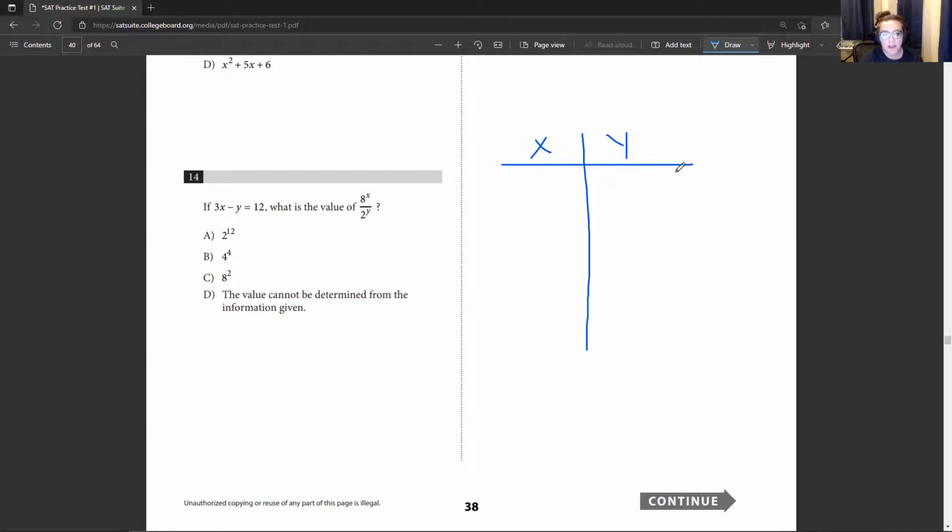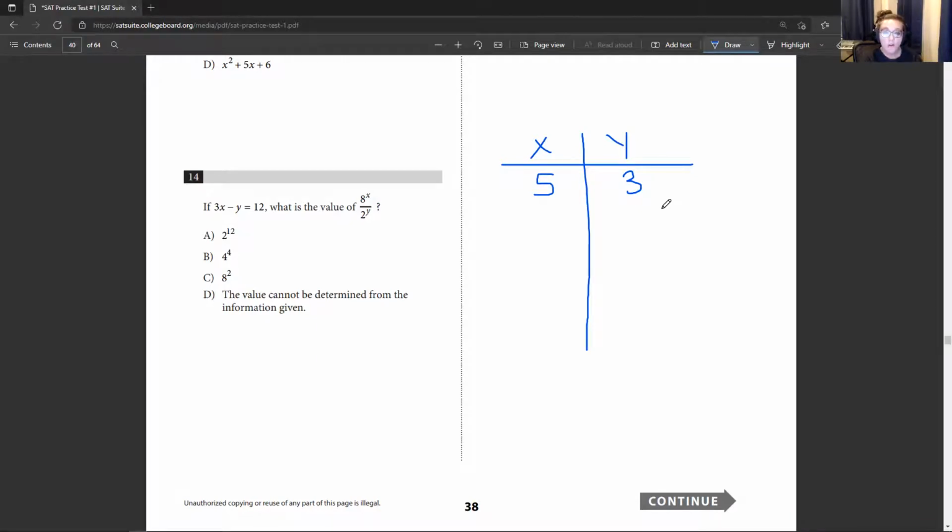For example, if I said X was 5, you're just going to do the algebra, right? 3 times 5 is 15 minus what would equal 12, right? So that's going to be 3, okay? And we could get all these different things. They would make a line if we were to put it on the XY coordinate graph, right? But let's be strategic about this, okay?